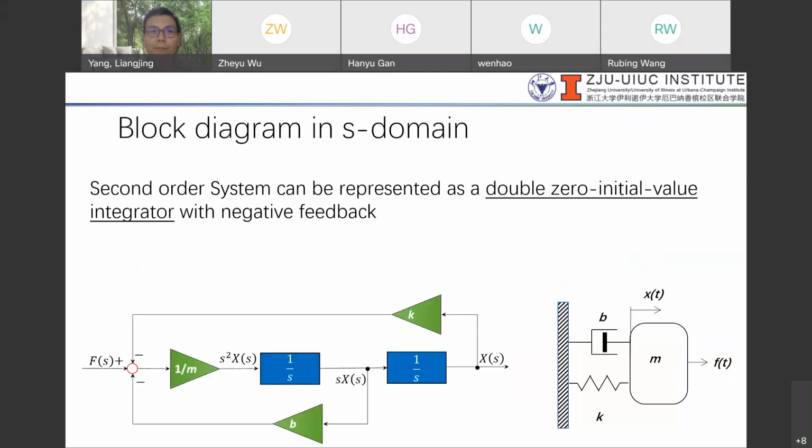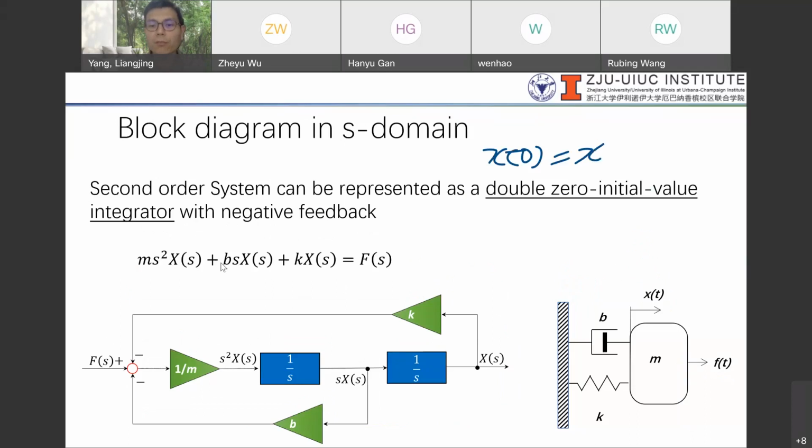So you can also do a Laplace transform, right? With zero initial values, that means both of them will be zero. Your initial velocity and your initial position will be zero, assuming that this thing doesn't really move.